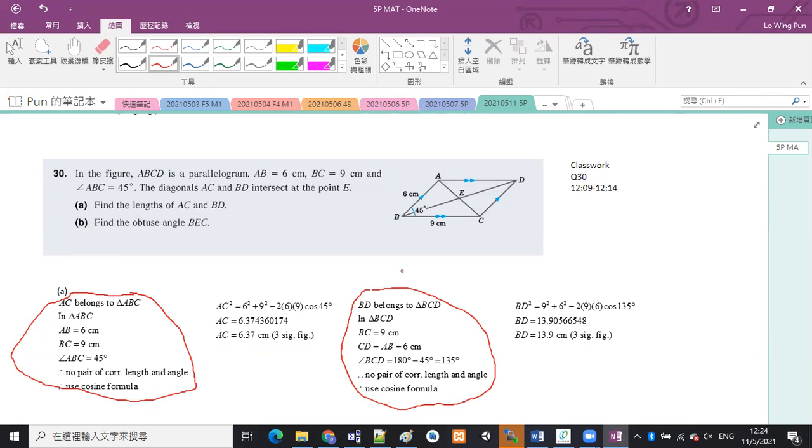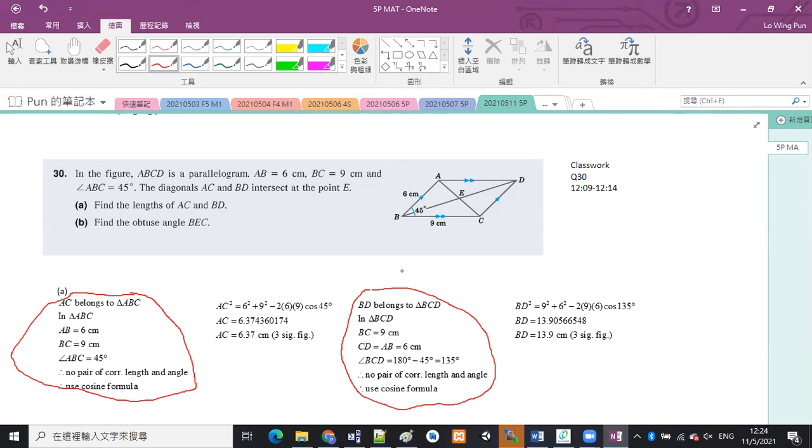That's right. No, it's not like this. I mean the length of this part, BE and DE, are equal. AE and CE are equal. Do you know this now? Okay, AE and EC are equal. So both of them will be half of AC. And then BE will be half of BD.